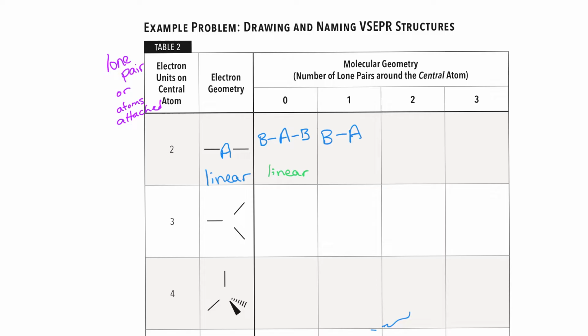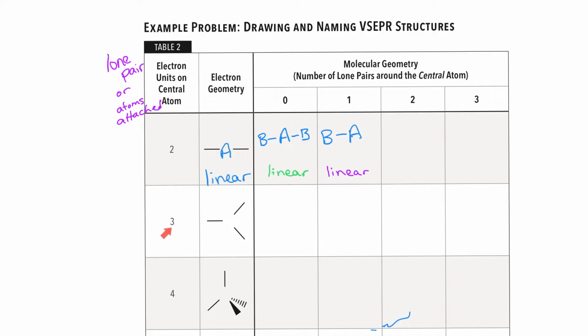So we are going to have just A and B attached to one another, knowing that there is a lone pair over here on A. And again, that shape is still a linear shape. And we don't have any other lone pairs that we can put, because if we put another lone pair on this central atom, so both of these were lone pairs, we just have an atom by itself.